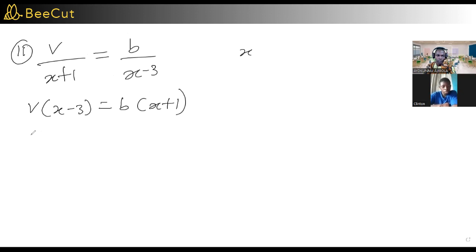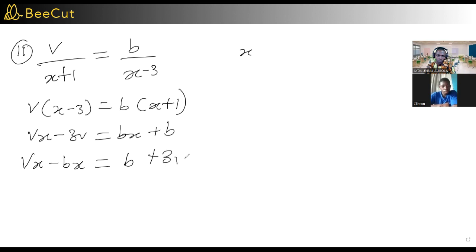Then you open your bracket: bx minus 3b equals bx plus b times 1, which is b. So you collect like terms, bx and bx. So bx minus bx equal to b outside plus 3b.